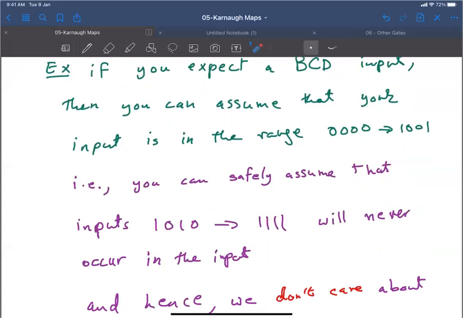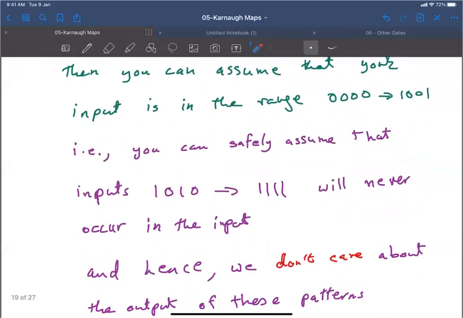Thus we can call these input patterns don't care conditions, because we don't care about the output during the occurrence of these inputs.